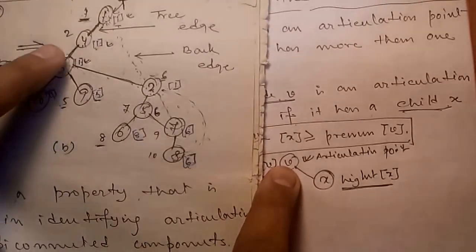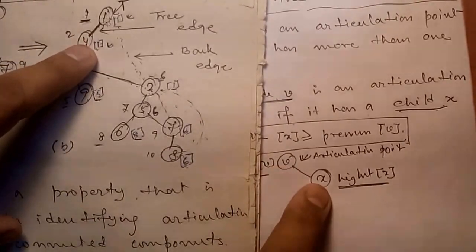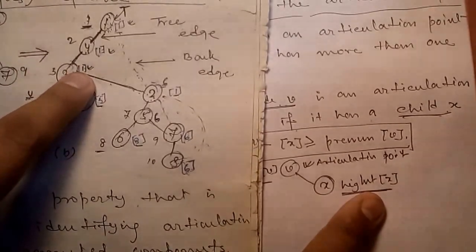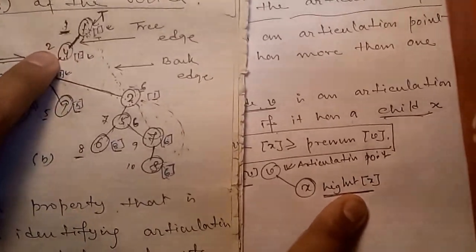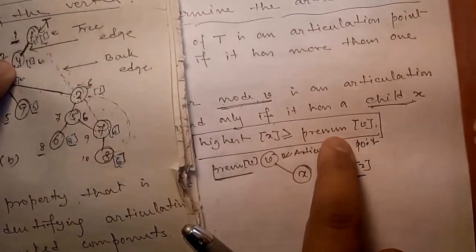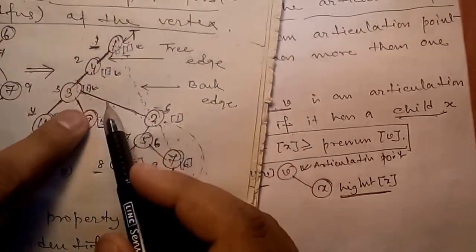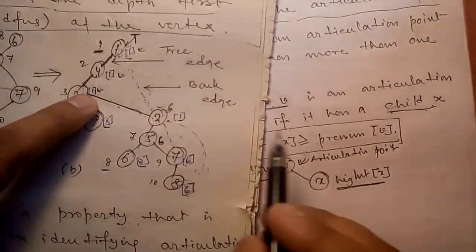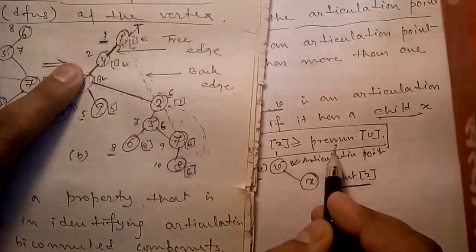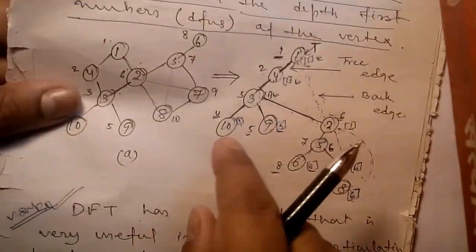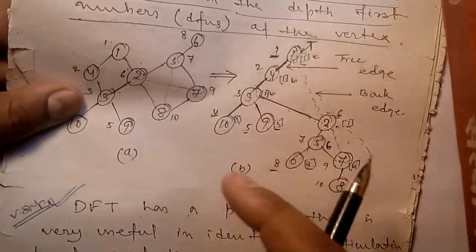So V is equal to 4, x is equal to 3, highest of x is 1 and prenup V is 2. So the condition that highest of x is more than prenup V is false, because highest of x is 1 and prenup V is 2. This condition is not true, which means V is not an articulation point, that means 4 is not an articulation point.